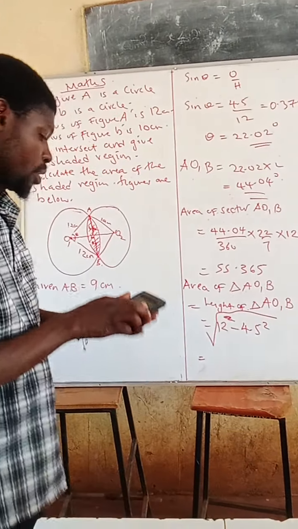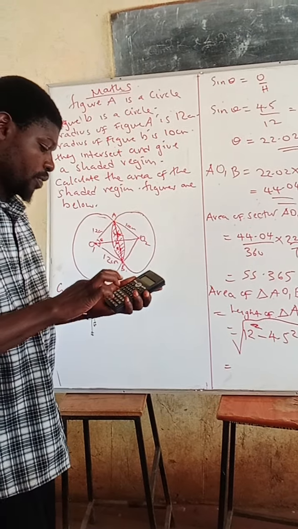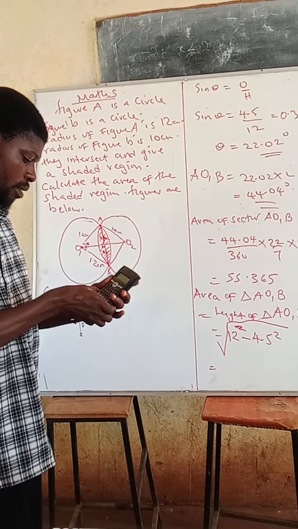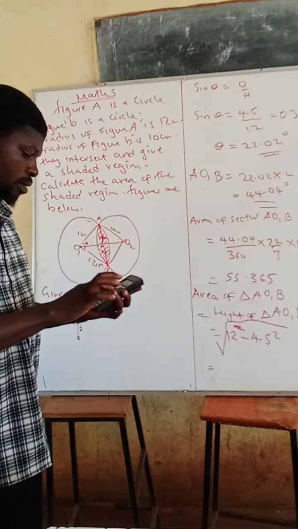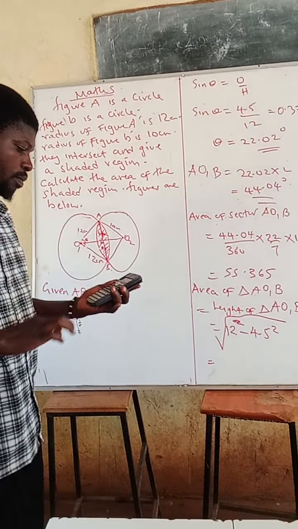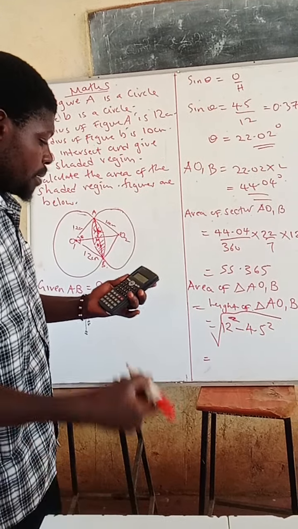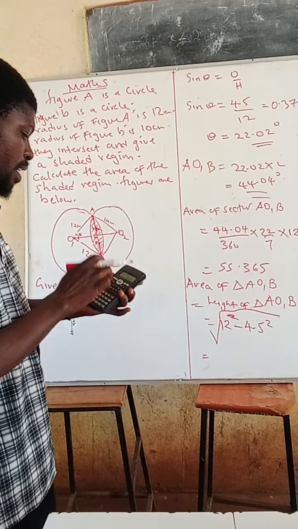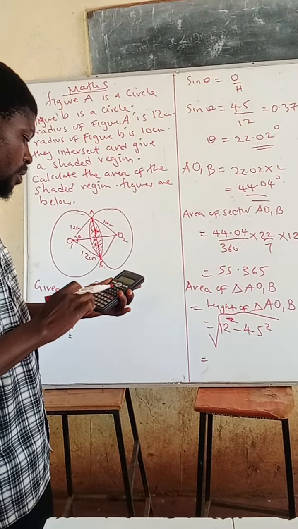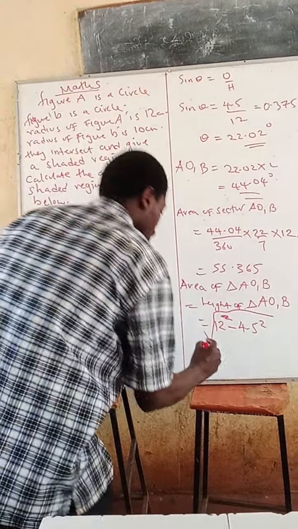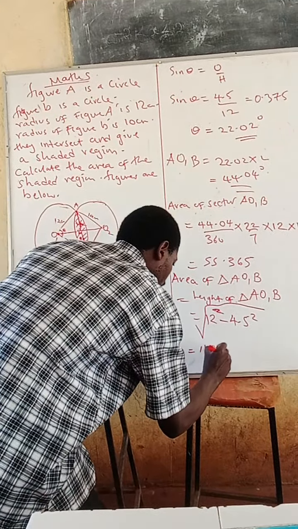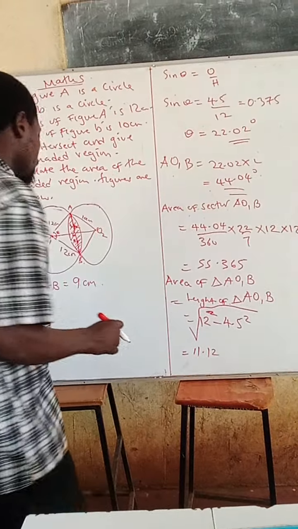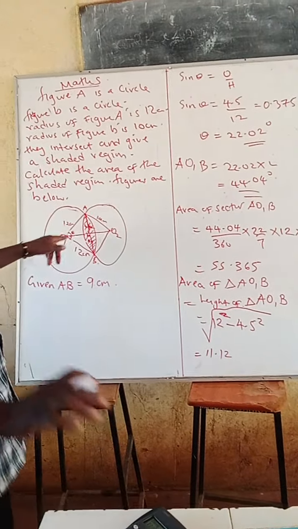According to my calculation, 12 squared minus 4.5 squared becomes 123.75, square root of the answer, 11.12. So, we've gotten this one.